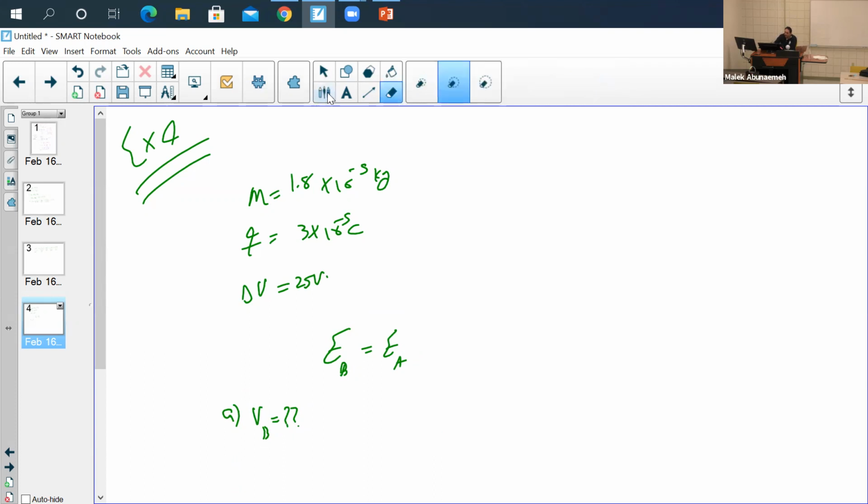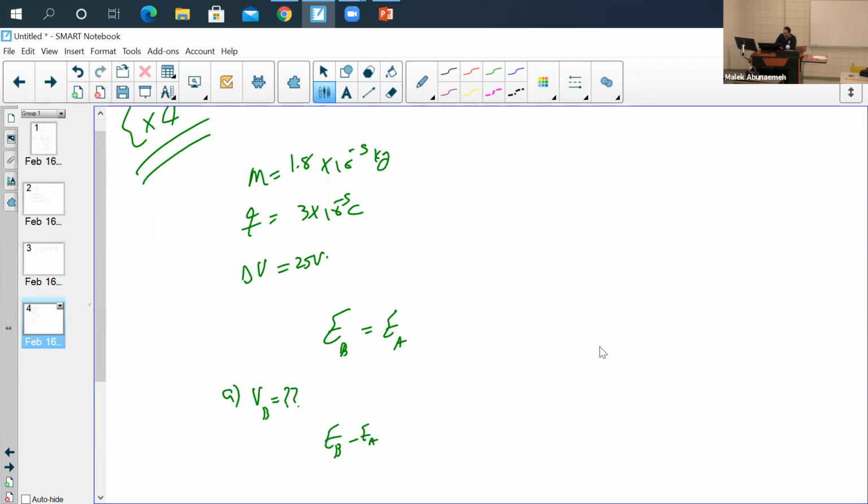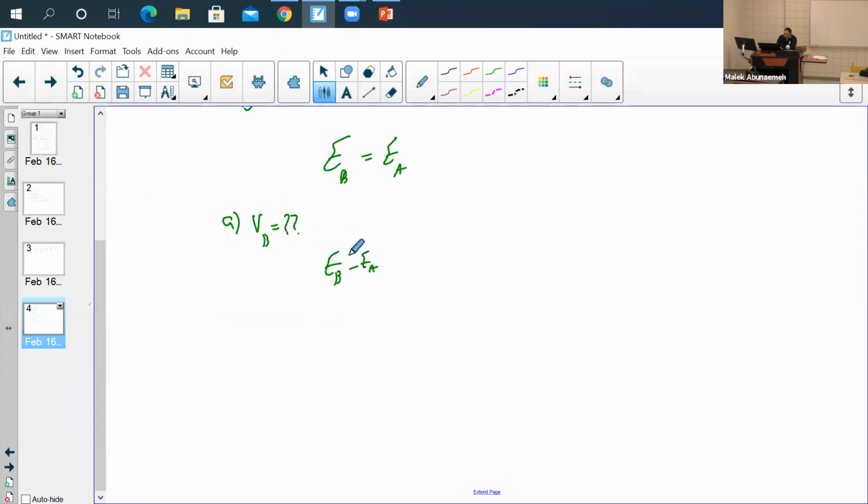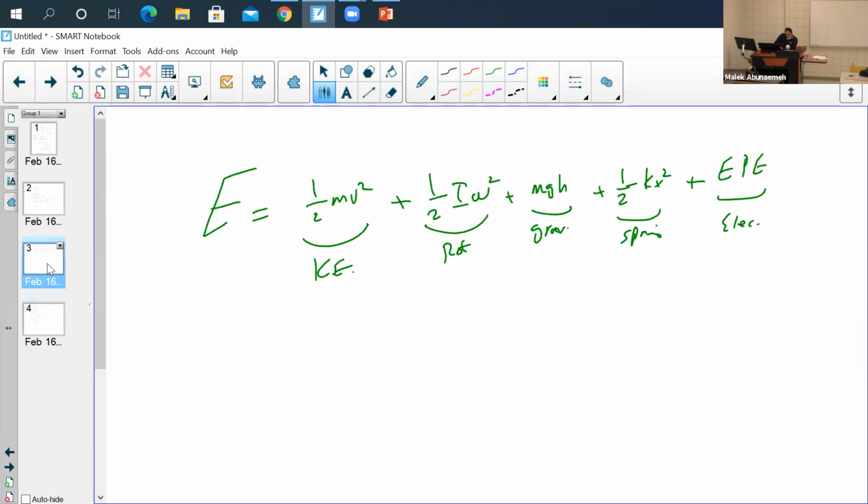So let's do part A. The energy is going to equal each other, so EB equals EA. Looking at it, we have kinetic energy. We do not have any rotational, gravitational or spring, but we do have electric.